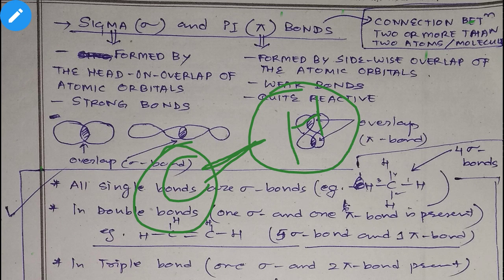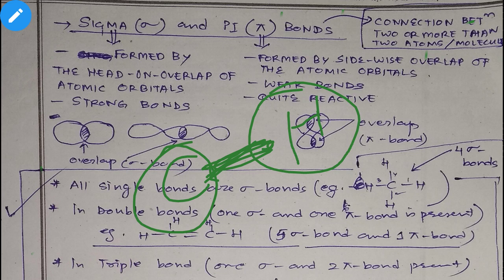Earlier they were two different atoms, but when they are connected together with the help of a bond, they are said to be a molecule or compound. Now, how is this bond formed? It is because of the electrons. The valence electrons are responsible for the formation of such bonds.